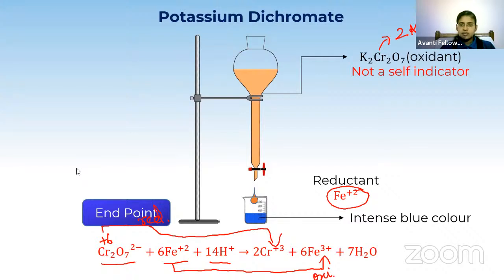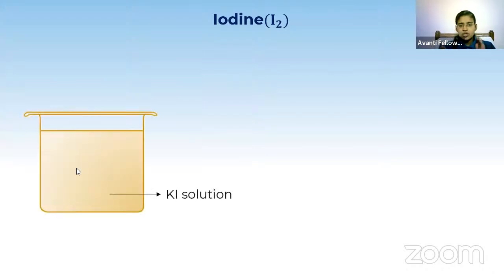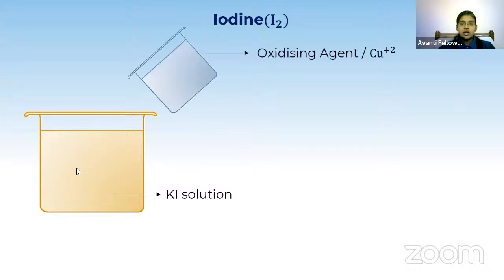Got it? So now coming to the third oxidizing agent. The third oxidizing agent is iodine. First of all, you have to take potassium iodide solution in a container. Then to this, you have to add the oxidizing agent, copper 2+.